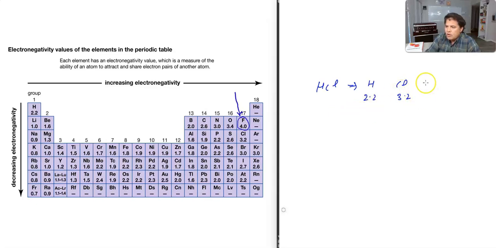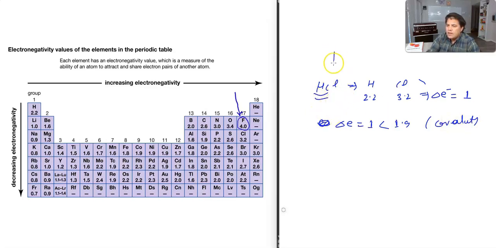So the electronegativity difference is equal to 1, which is less than 1.9. Less than 1.9 means covalent. So the HCl bond will be covalent.